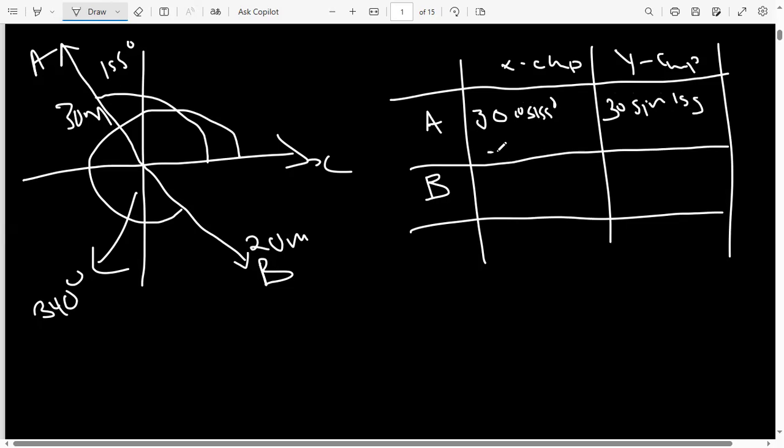Okay, so you punch into your calculator to find the actual value. You're going to have 30 sine 155. So you're going to get what? So 30 multiplied by cos 155. Okay, so I'm getting minus 27.19.